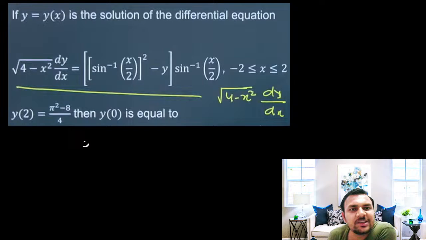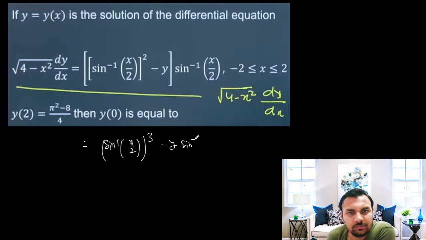So we can consider this as (sine inverse x by 2) whole square, whole cube, minus y sine inverse x by 2. This is root under 4 minus x square dy by dx. If we do differentiation of this, it is nothing but 1 upon root under 1 minus x square by 4, 2 will come up.